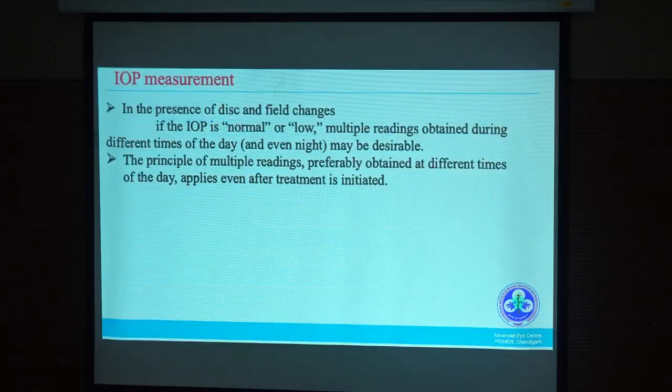If the IOP is normal or low, you should try to take multiple readings at different times in your clinic, or do a diurnal variation, because IOP has a diurnal effect also. It can be very high in the early morning and may be normal at your clinic time. So a normal tension glaucoma in your clinic may be a primary open angle glaucoma in reality.